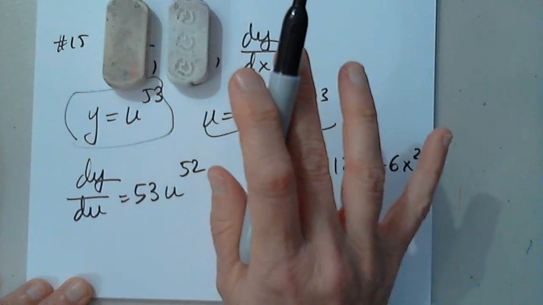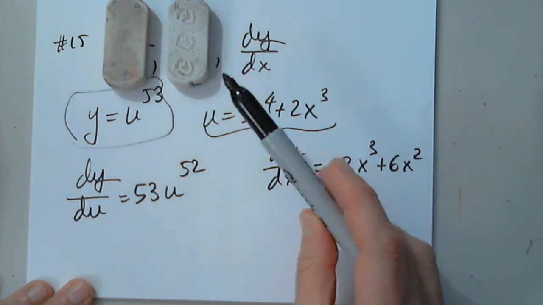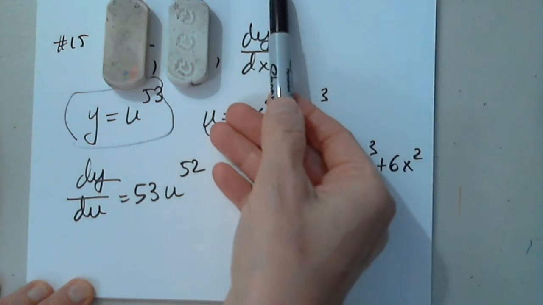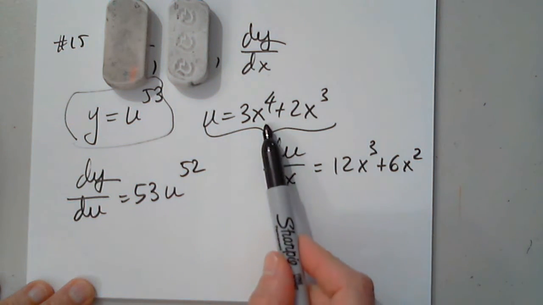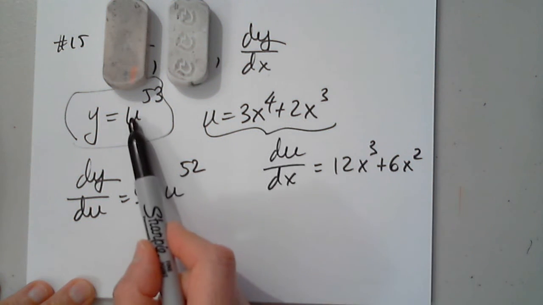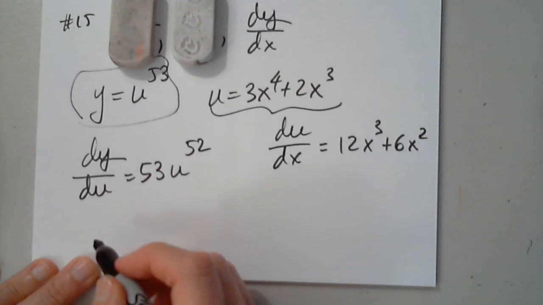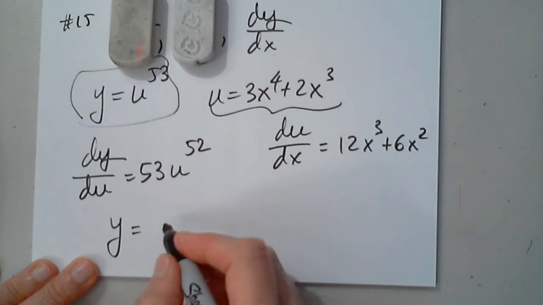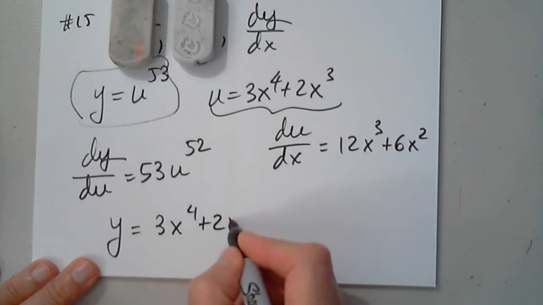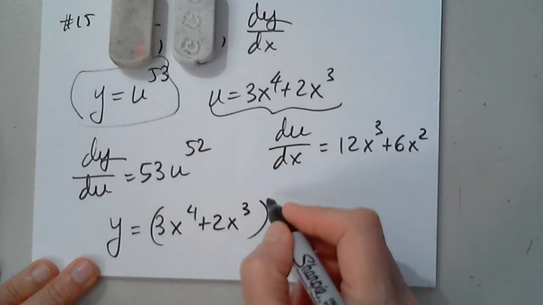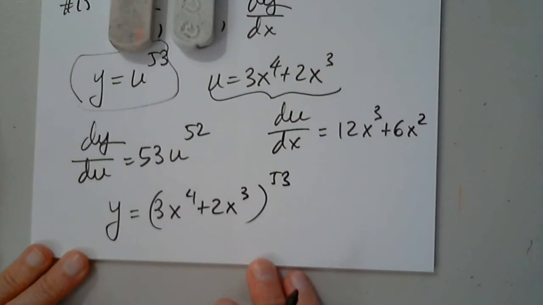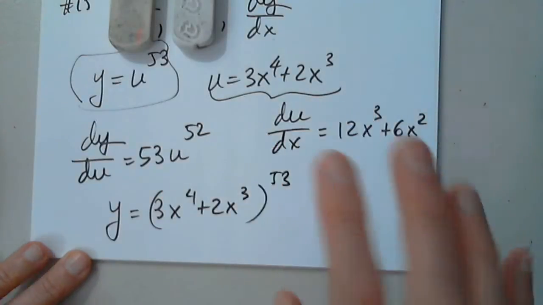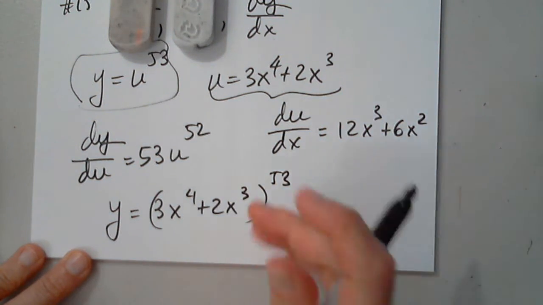Here I have to be careful because one option is, like we just did, to replace u in here. Then y is nothing else but 3x to the fourth plus 2x to the third, all to the 53.